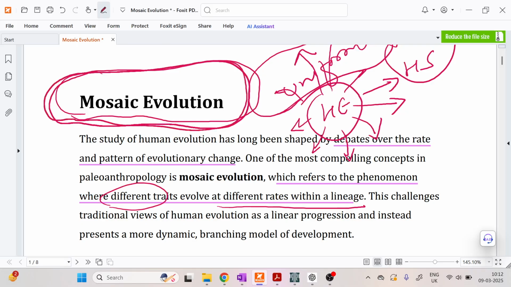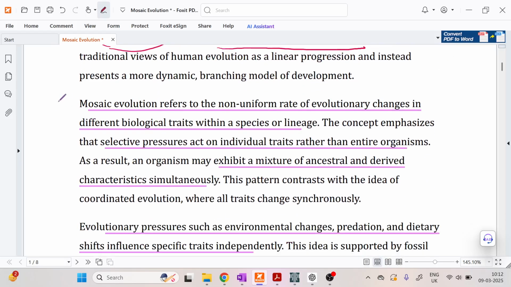This dynamic and branching model of development says that natural selection, or the environmental pressure, acts on individual traits, and different biological traits evolve at different times in a particular species. So mosaic evolution refers to the non-uniform rate of evolutionary change.